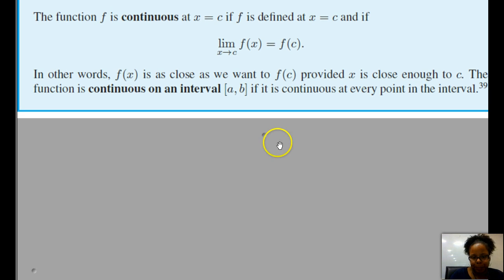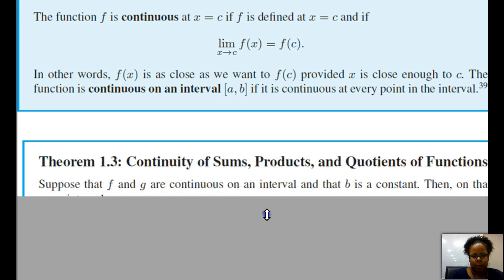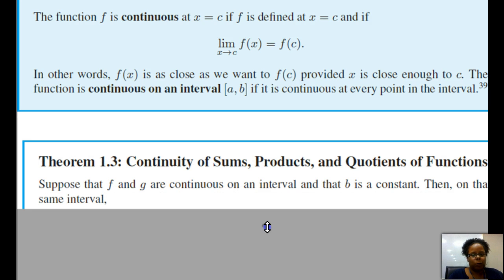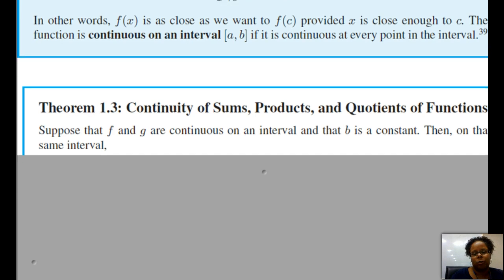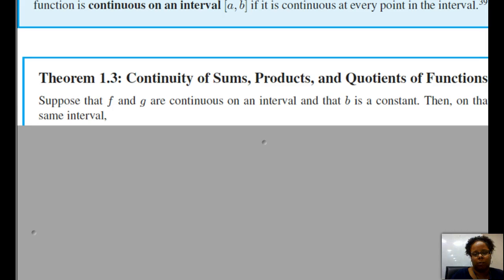We do have some theorems similar to what we were talking about before in class: if you add two functions that are continuous, then the sum of the functions is also going to be continuous. This is summarized in Theorem 1.3, continuity of sums and products of functions.